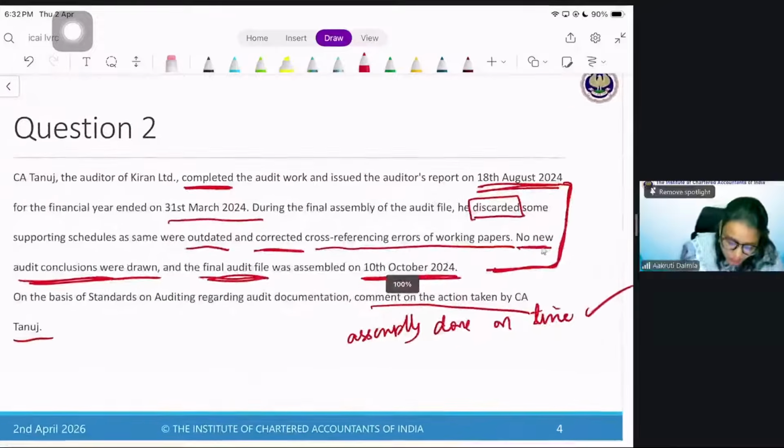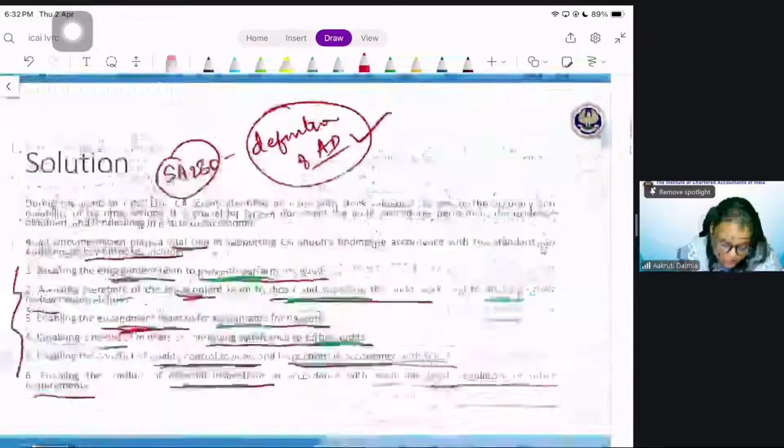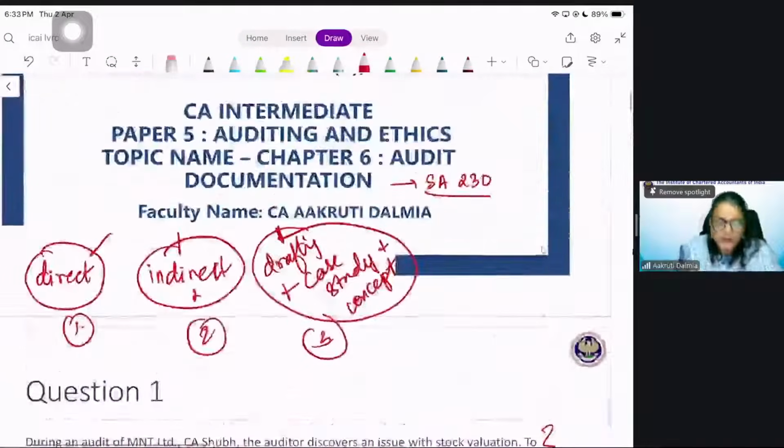Then it is saying during the final assembly, he discarded some schedules, corrected some cross references. No new audit conclusions were drawn. Is this correct or wrong? First tell me, correct or wrong? सही है कि गलत है? He discarded some old outdated schedules, corrected some cross referencing. It is correct. Very good. Now, what type of question is this? Type 1, type 2, type 3.